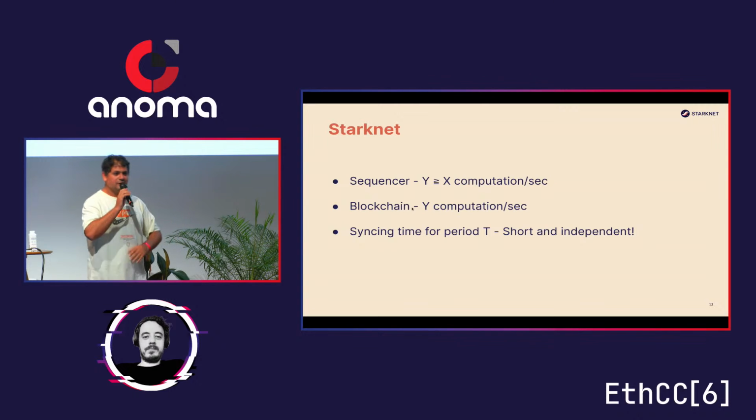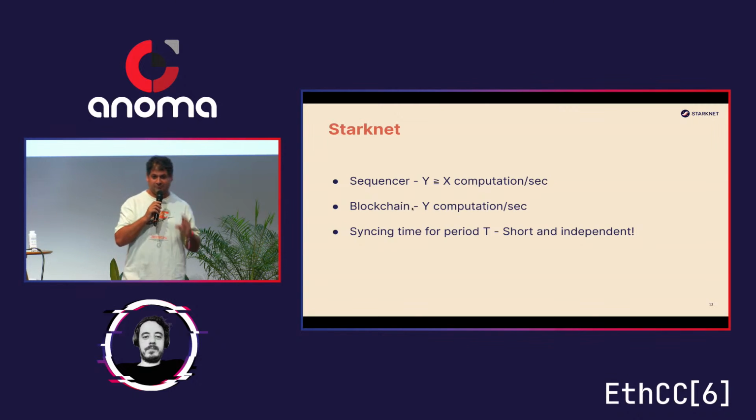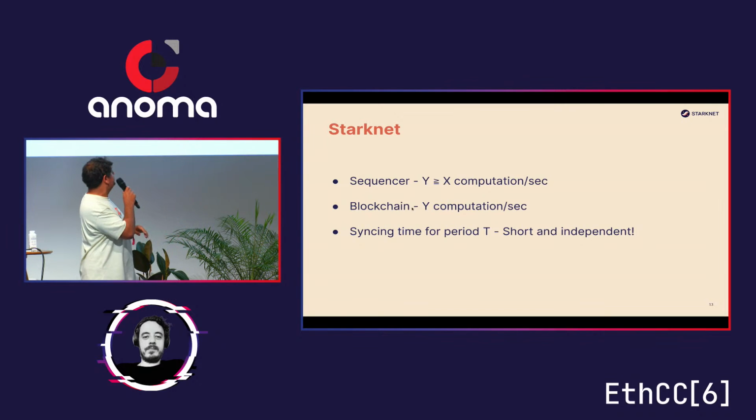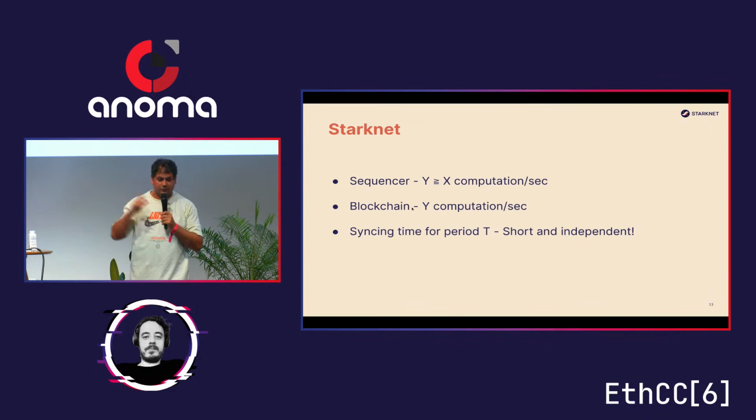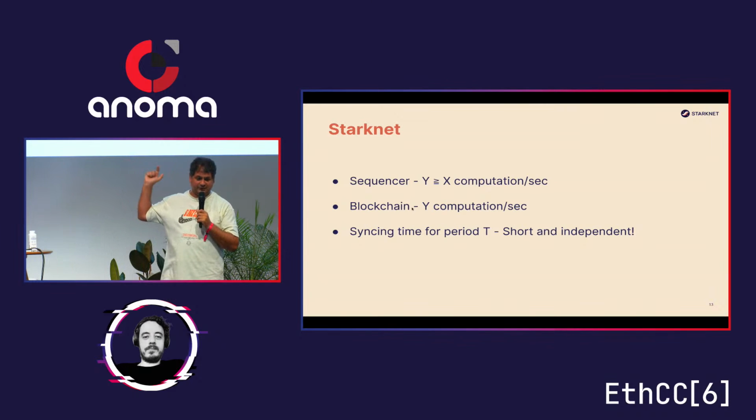Okay, so how is it related to fees? I'll give one example, and if I have a bit more time, I'll give a second one. In Starknet, we don't look at what a full node is capable of doing, which is this X, but instead we look at what a sequencer can do, which is Y, and most of the time Y is aggressive and much larger than X. Then we limit our blockchain with those Y computation steps per second.